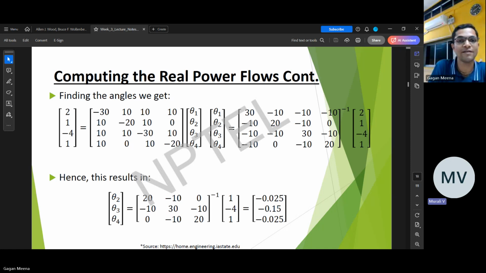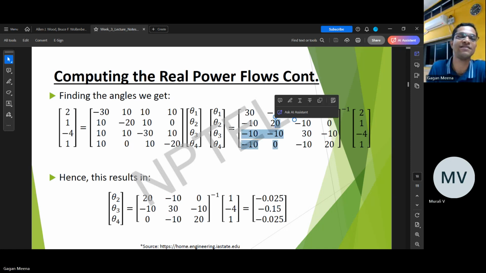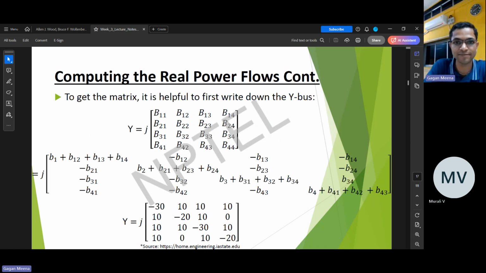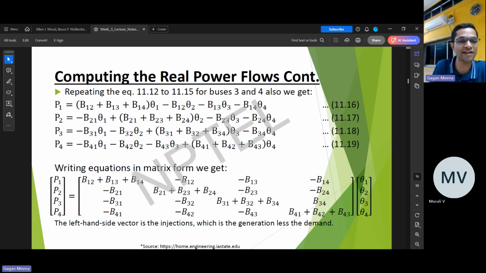But when you solve from the equations, you will directly get this form. You can see all the diagonals are positive. If you write the equation and form the matrix, you will directly end up here.